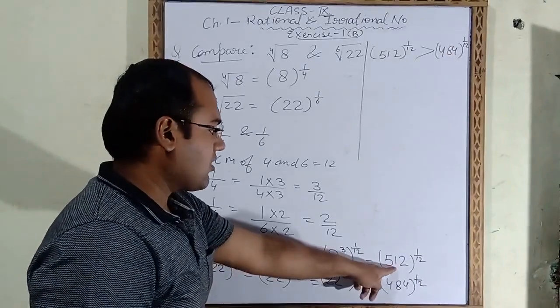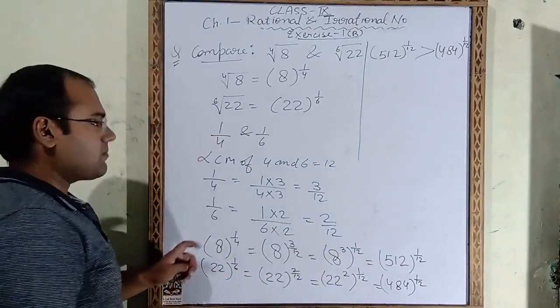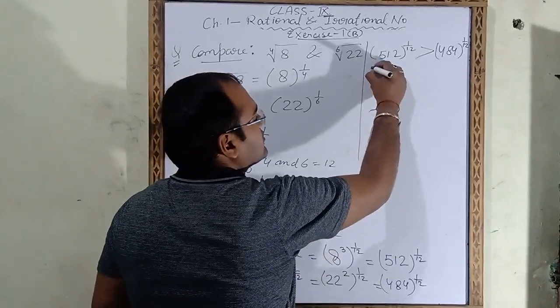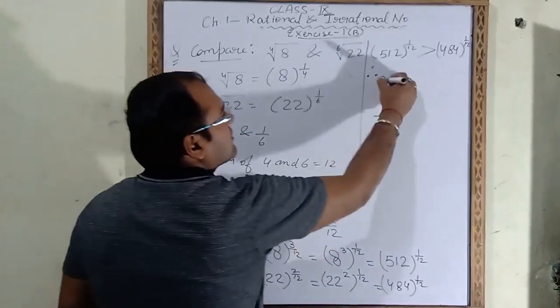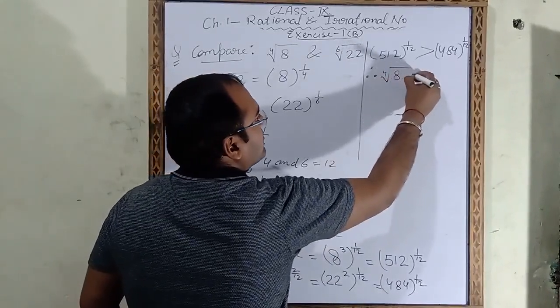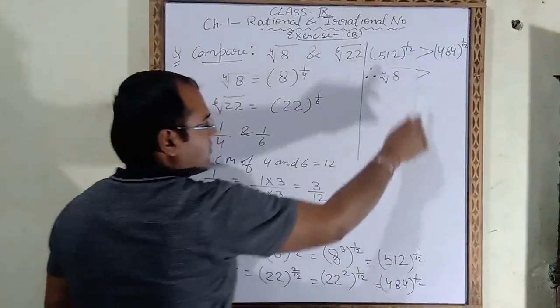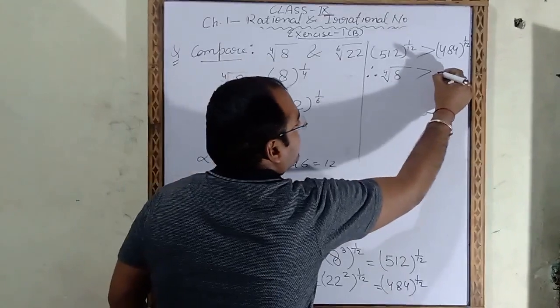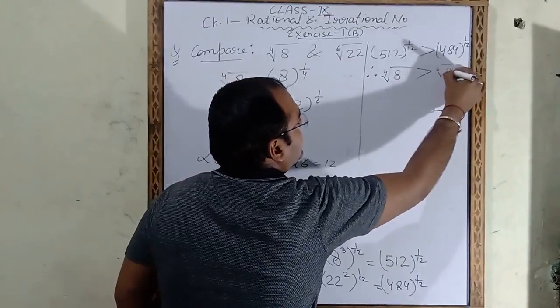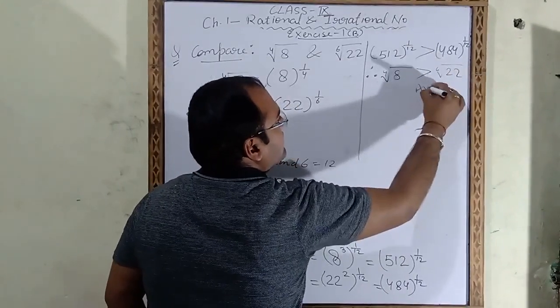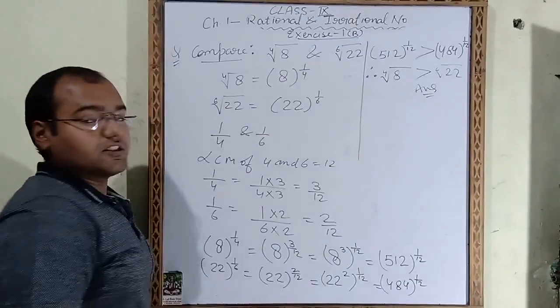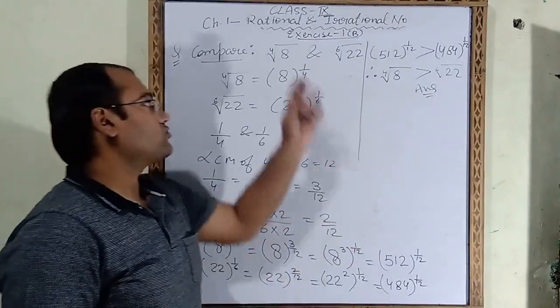This is the answer of 8 power 1 upon 4. So we can write, therefore, root 4 of 8 is greater than the other number. So this is your final answer. In this way you have to compare these two numbers.